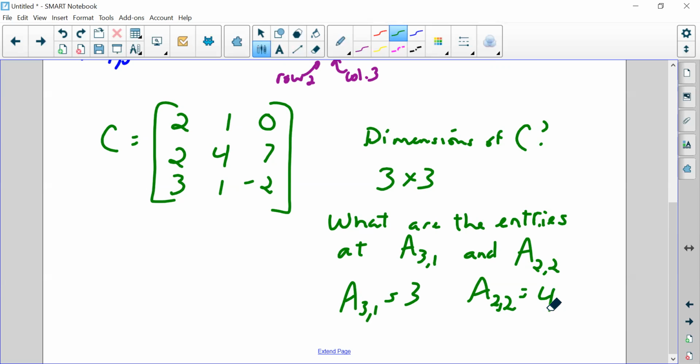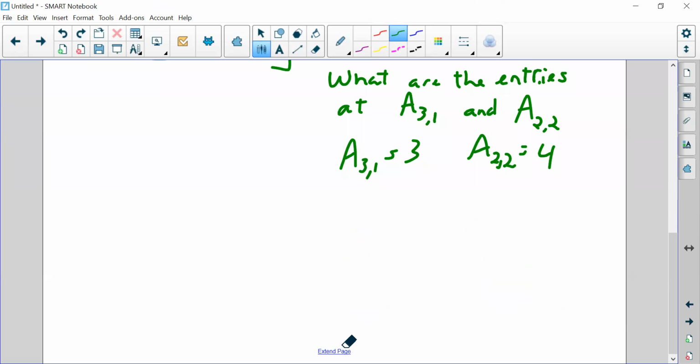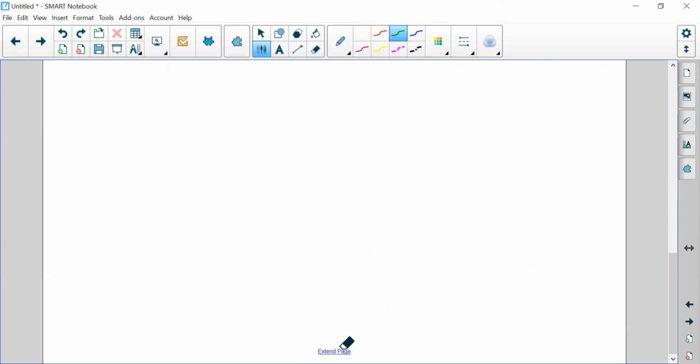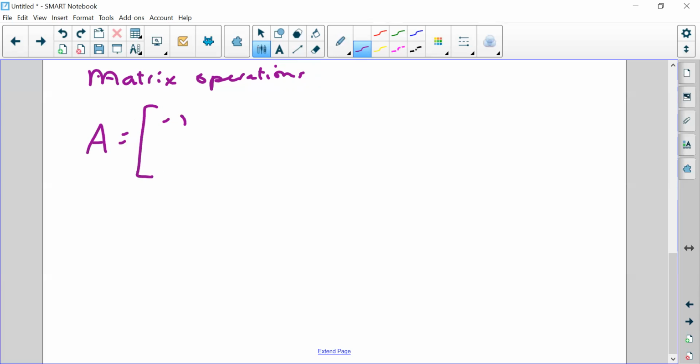Okay. Now we're going to look at operations within these matrices. All right, so let matrix A be equal to -2, 3, 0, 1.